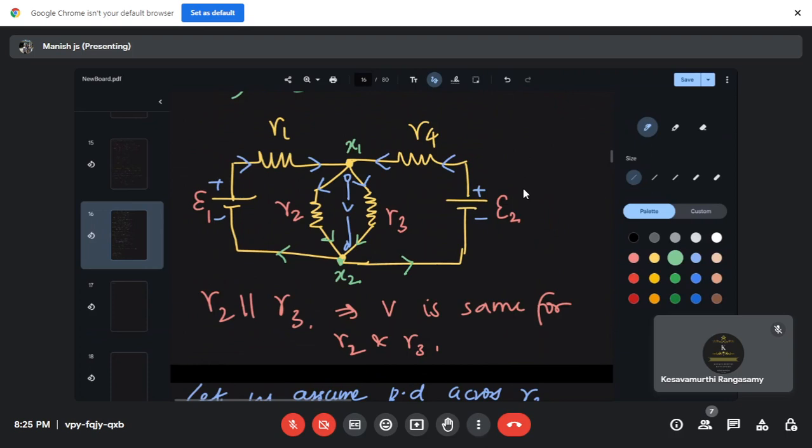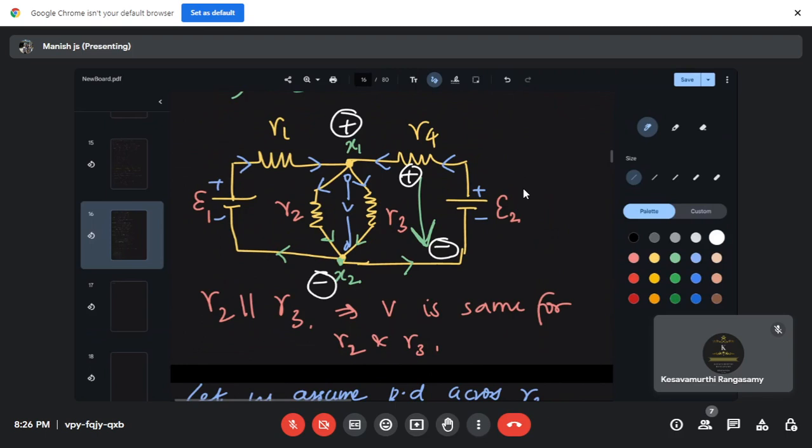Can you see the flow of current through R2 and R3? How is the current flowing? Current is flowing vertically downward. Now, what does this mean? You know that current always flows from higher potential to lower potential. So X1 is typically positive, X2 is typically negative. Is this clear?